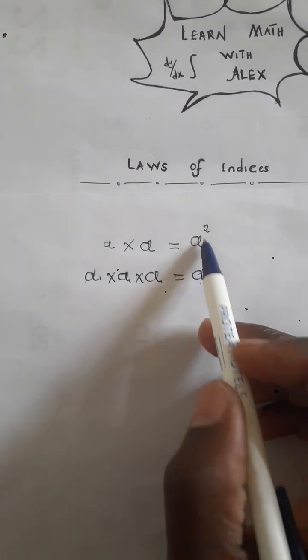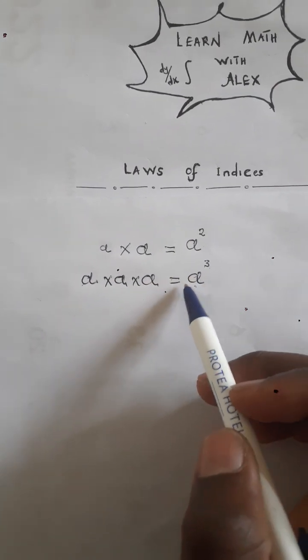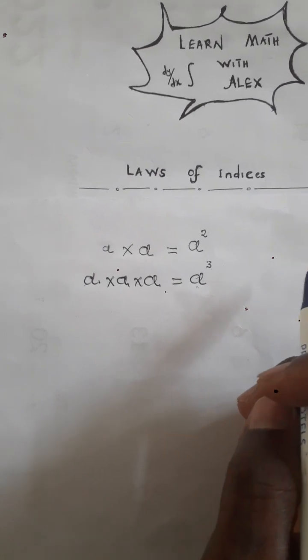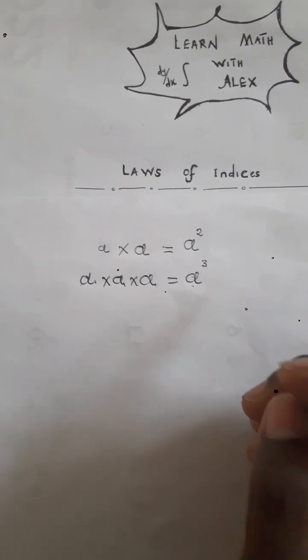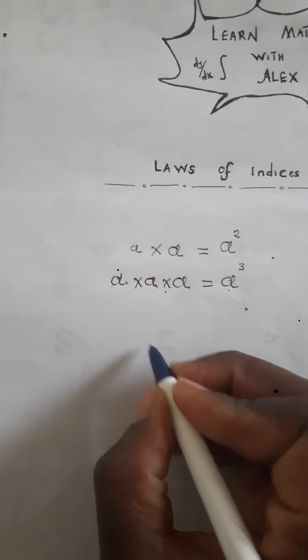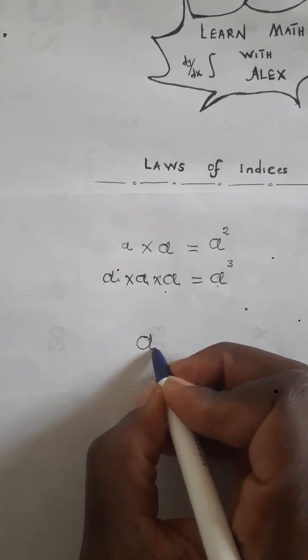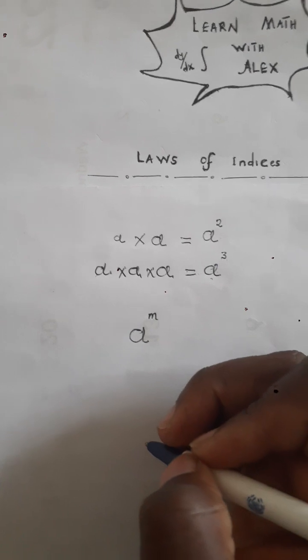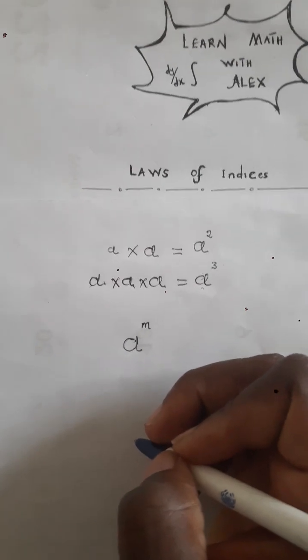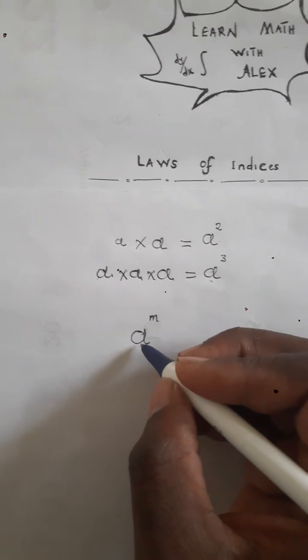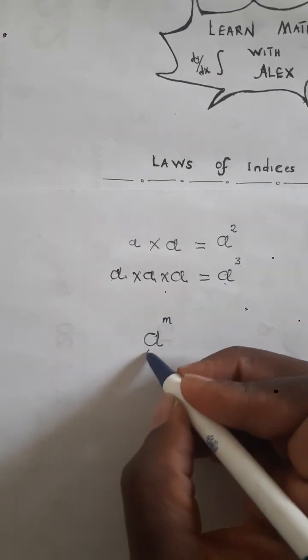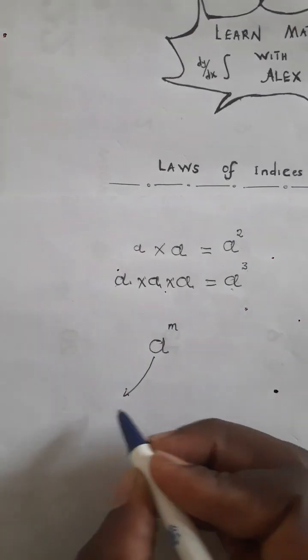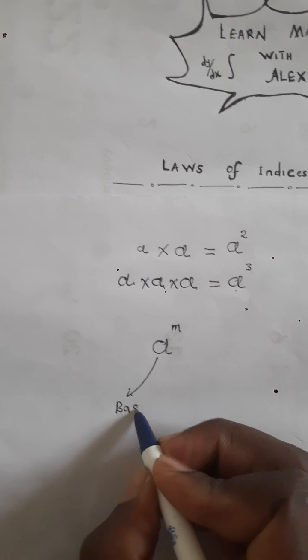So when you see numbers written in this way, they are indices. What I'm saying is we have a bigger number and a smaller number on top. This bigger number has a special name. We call it a base.